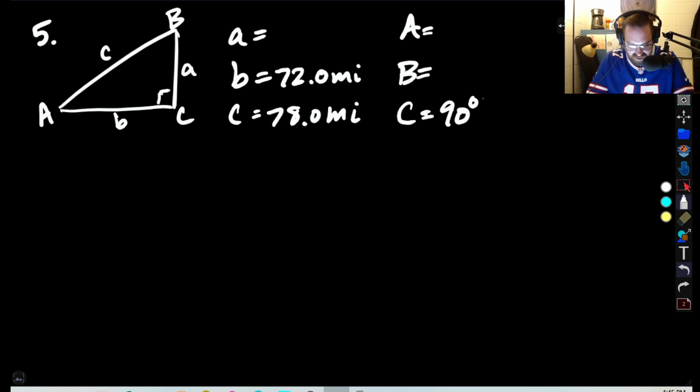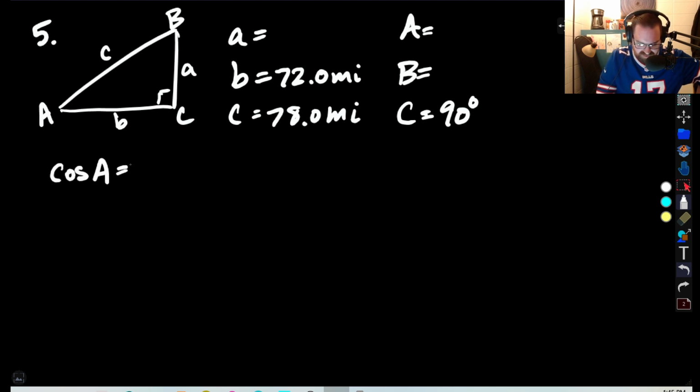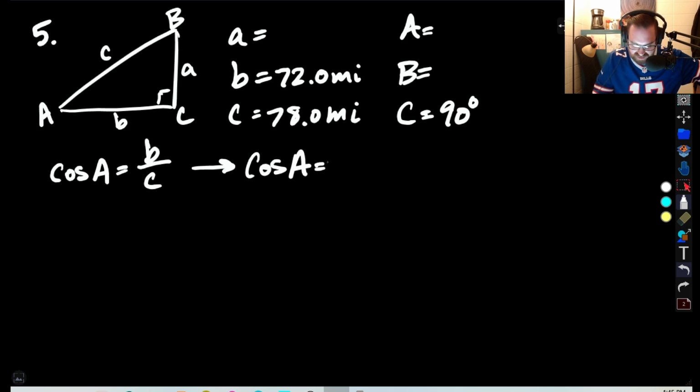Okay, so how do we solve these problems? One thing I want to point out really quick is that B over C is the same thing as cosine. The adjacent side of A, the cosine of A, is the same as the B value over the C value. So cosine of A is equal to B over C. In other words, the cosine of A is equal to 72.0 over 78.0.